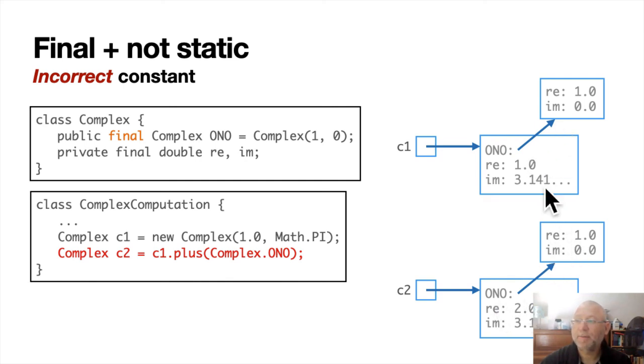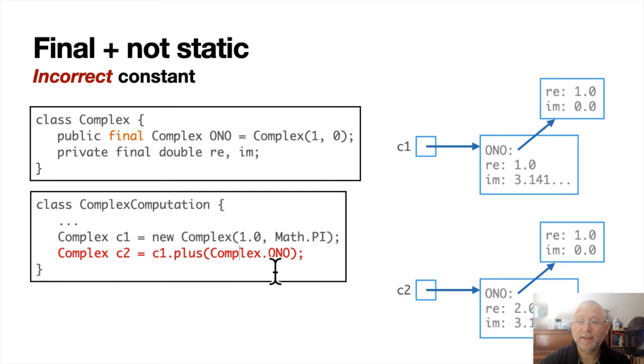So you have to be careful that you don't miss out the static if you want to create a constant. In fact, this code won't work because Complex.ohNo does not exist. I can only use this notation for static fields that belong to the whole class.